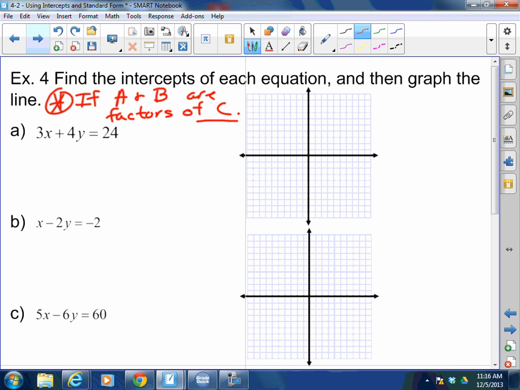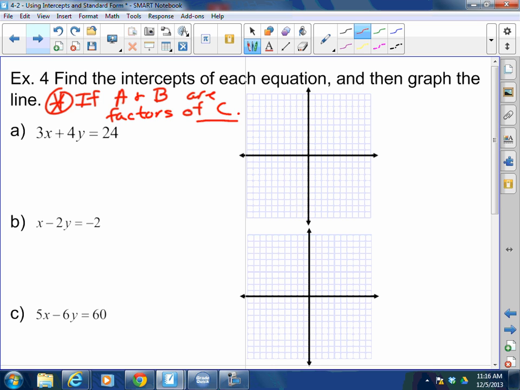And remember what we said about fractions and graphing. It's very difficult to graph fractions correctly, so always keep that in mind. If A and B are not factors of C, don't do it this way. Solve for y and do it the table method. So, first question. Are 3 and 4 factors of 24?